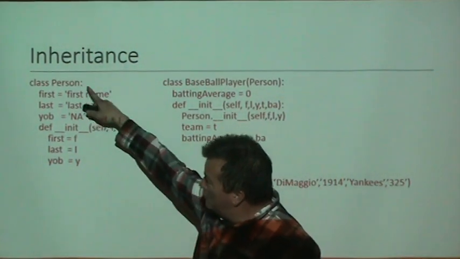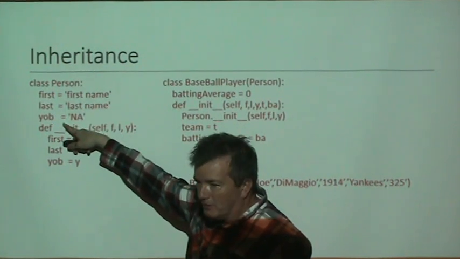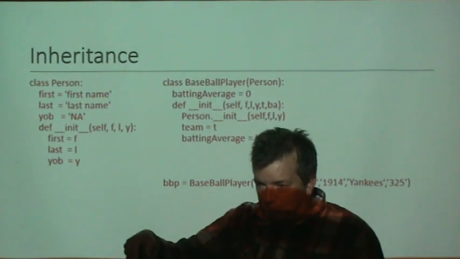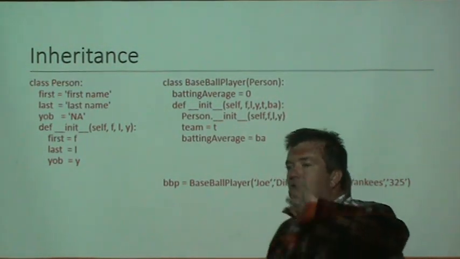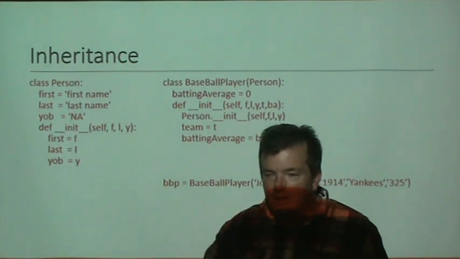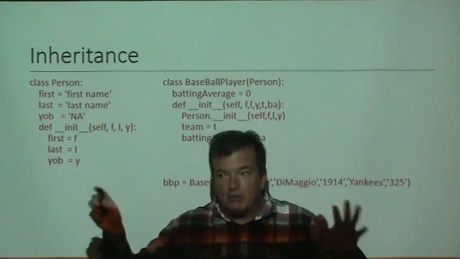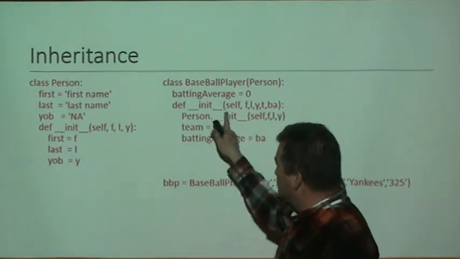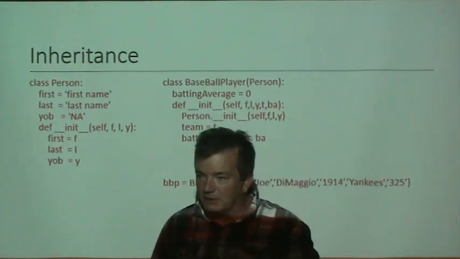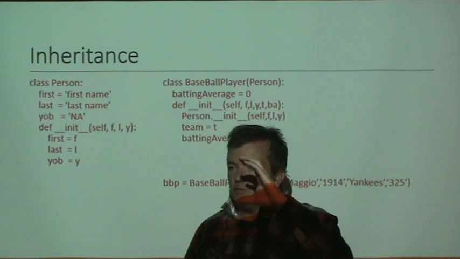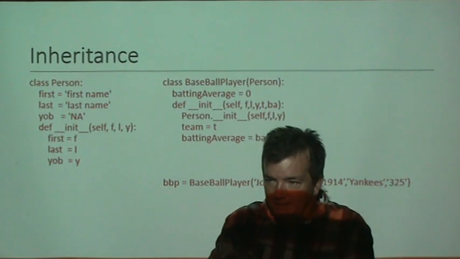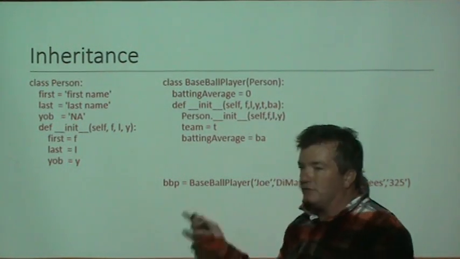So if I have a class called person, which has a first name, a last name, and a year of birth, and an init function which will fill in the storage when I first create a person, then I make another class called baseball player, which inherits from person, meaning every baseball player is a person with more stuff. The more stuff is the batting average. So when I go to create a baseball player, the first thing I'm going to do is get a chunk of storage that has all that person information. I'm going to call the init function and fill that in. Then I'm going to have my own init function fill in that batting average.